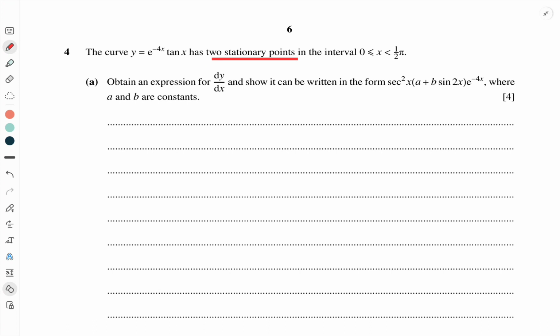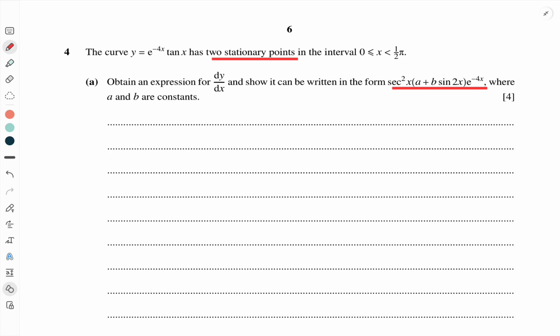So obtain an expression for dy/dx. And also show that your dy/dx can be written in the form sec squared x multiplying a plus b sine 2x e to the negative 4x, where a and b are constants, for 4 marks.